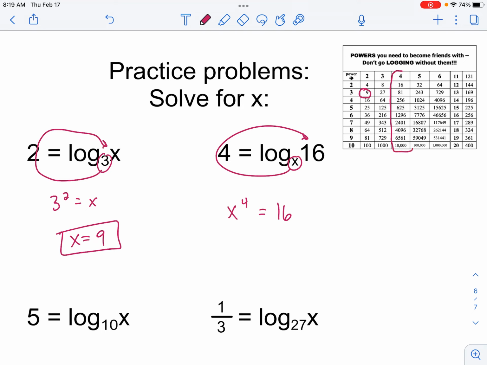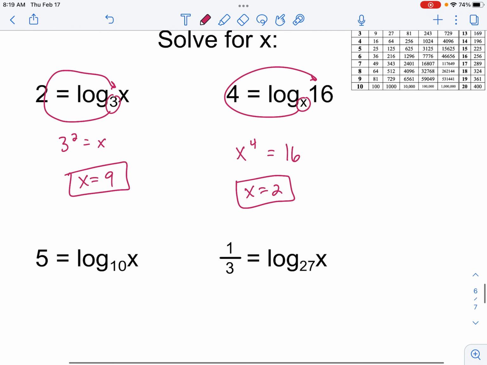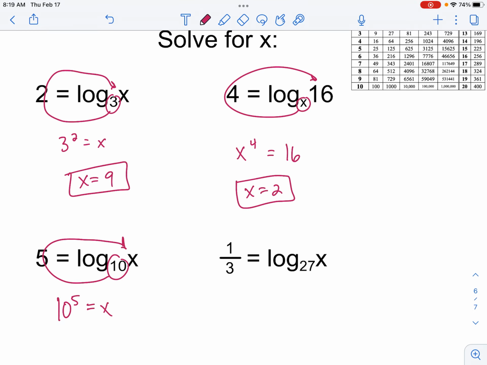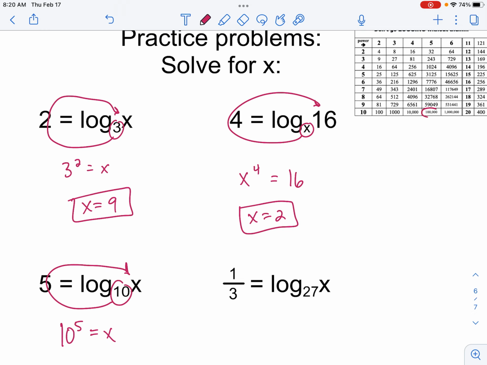That means I'm going to be looking in this fourth power column. And it looks like 16 is right there, so it'd be 2 to the 4th is 16. All right, I'm going to clear off this. For the next one, this is 10 to the 5th equals x. So 10 to the 5th would be right here. That would be 100,000.